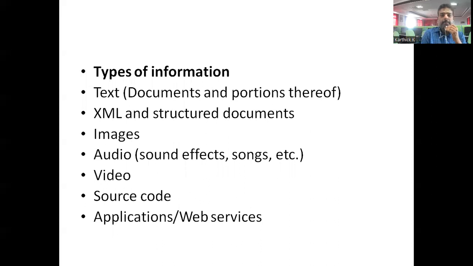The biggest example of information retrieval techniques in recent years is web search. In search engines, we retrieve whatever information we want. What types of information are stored there? We can store text, XML, images, audio files, video files, source code, applications, web services. We have a bunch of data stored there, right?